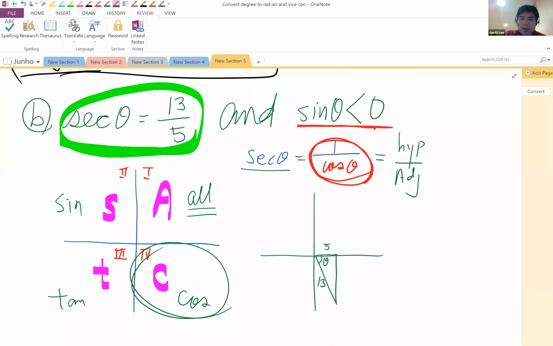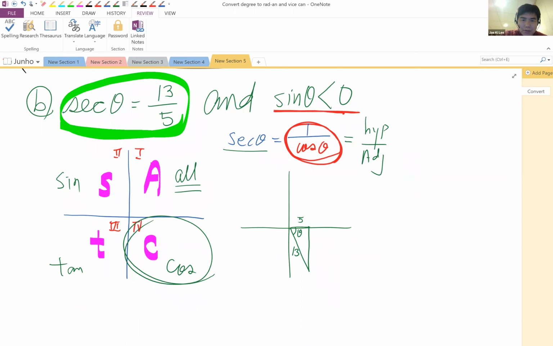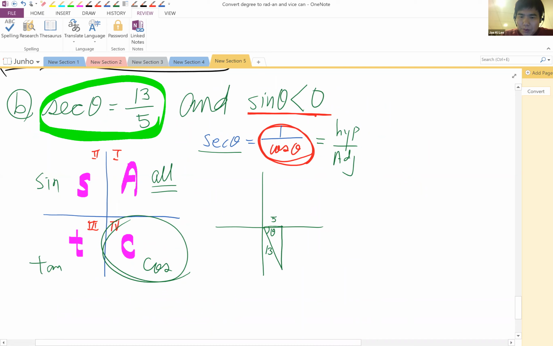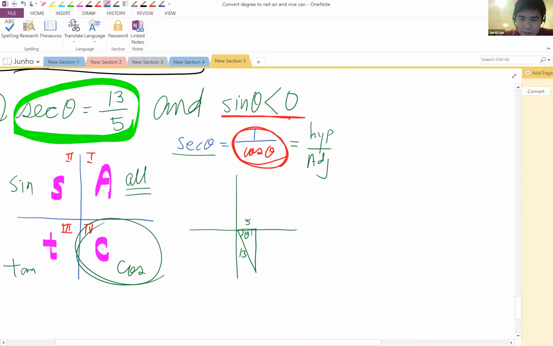So if you calculate, you can find the y value. Isn't it 2 multiplied by square root 2? No, we have to use the Pythagorean theorem here. So this is 90 degrees anyway, so 13 squared equals 5 squared plus y squared.